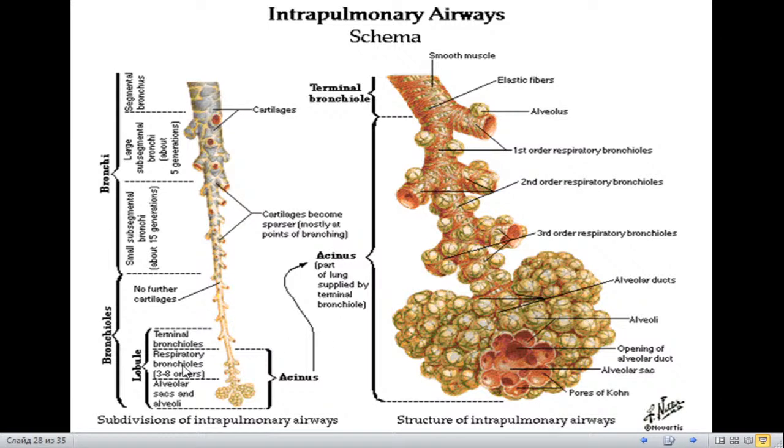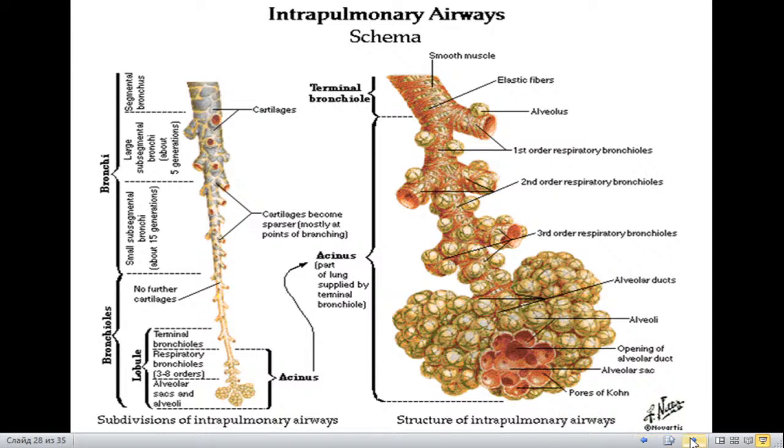Which structures begin from one terminal bronchiole? 3 to 8 orders of respiratory bronchioles, alveolar ducts and alveolar sacs, and separate alveoli. So the structural functional unit of the lung is the acinus: all respiratory bronchioles, all alveoli and alveolar ducts which begin from one terminal bronchiole.